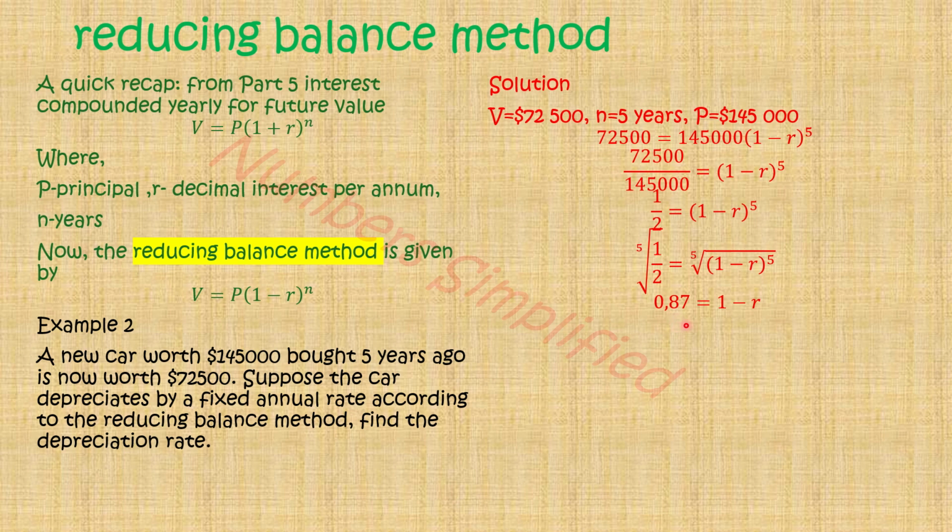And on the right hand side, the power 5 is cancelled out by the root 5, so that we just have 1 minus R. And of course, solving for R, interchanging the positions of R and 0.87, we get 1 minus 0.87, which gives us R is equal to 0.13. So take note, this is the decimal value of the interest rate, implying that the real interest rate is 13%. And that will be our answer.